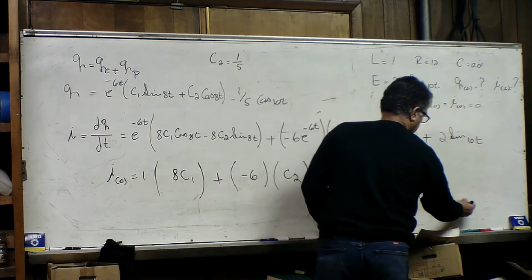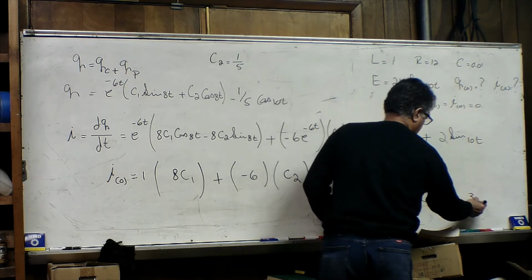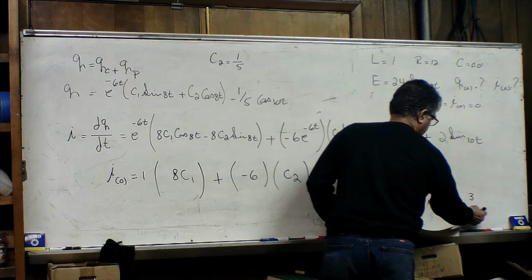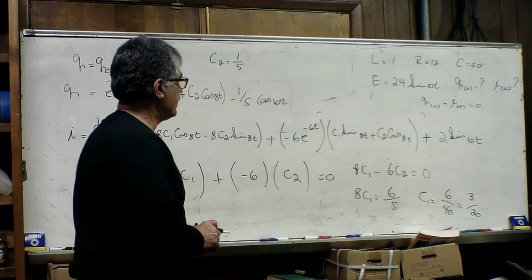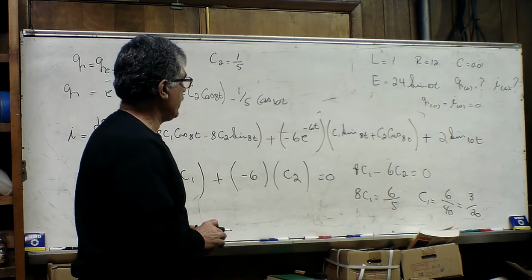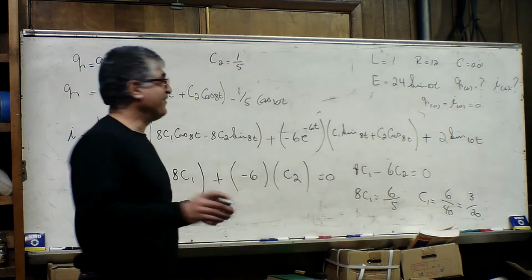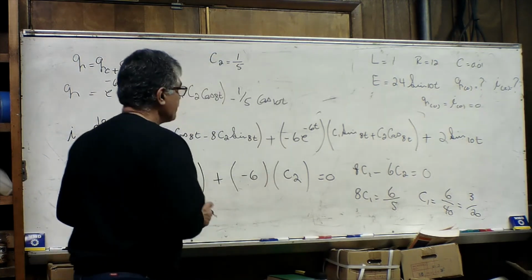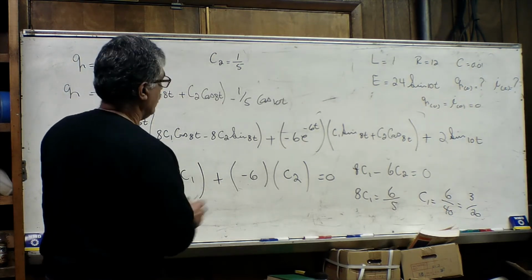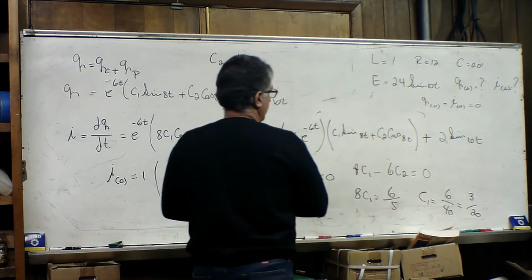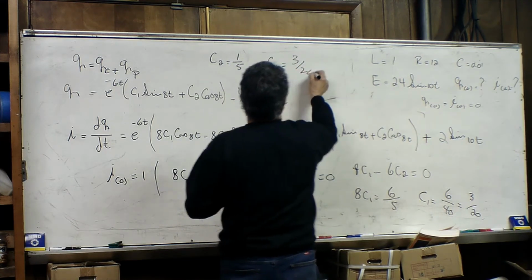So this will be equal to 3 divided by 20. So our C1 is 3 divided by 20. I hope I haven't made any mistake. So now we have the value for our C1 is equal to 3 over 20.